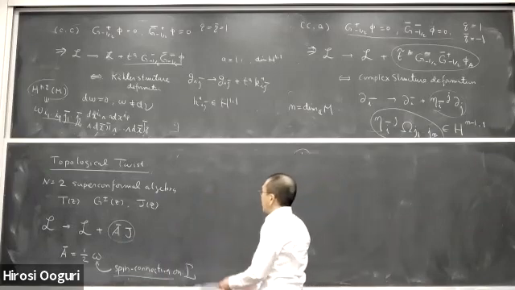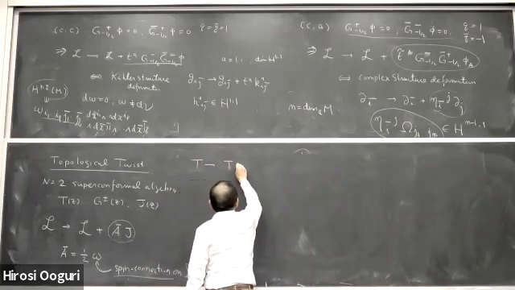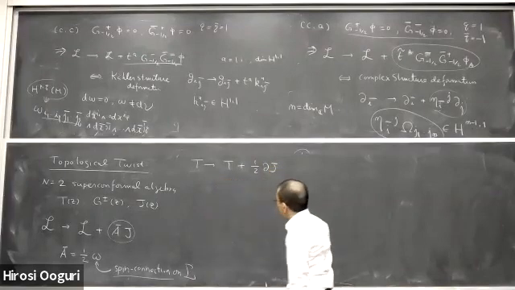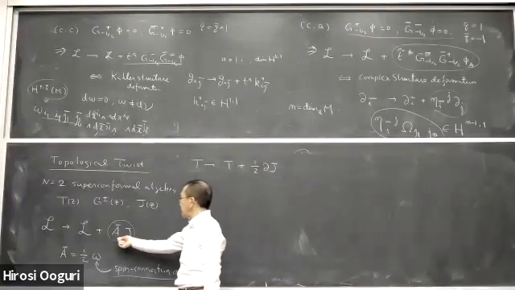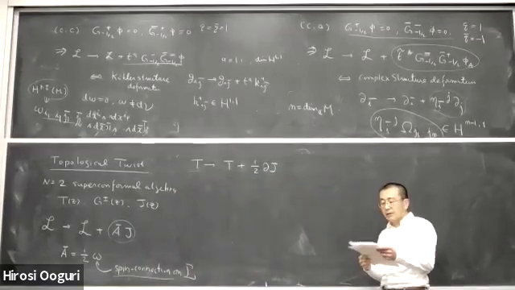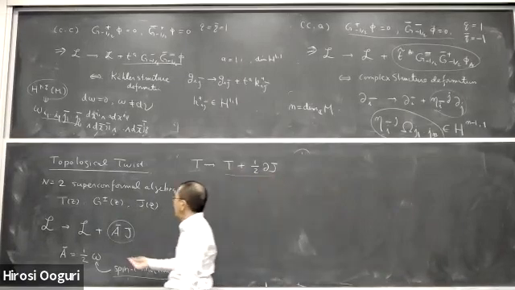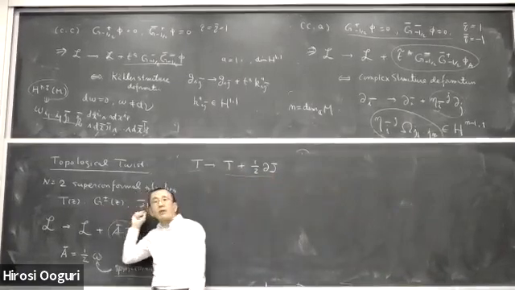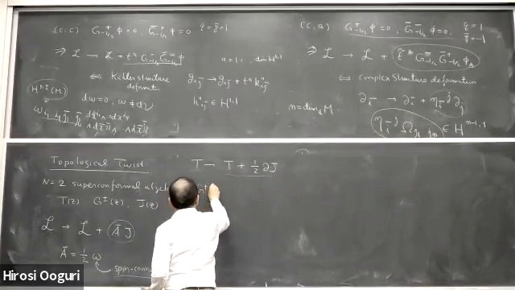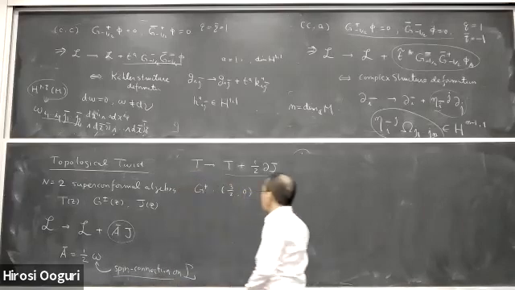And if you follow this algebra, then you find that the energy momentum tensor is deformed by the addition of a derivative of the U(1) current. So introducing this background is the same as deforming the energy momentum tensor by this addition. And if you deform the energy momentum tensor, then you change the conformal dimension of these operators. For example, G plus used to be the spin 3/2 operator because it's a supercurrent.